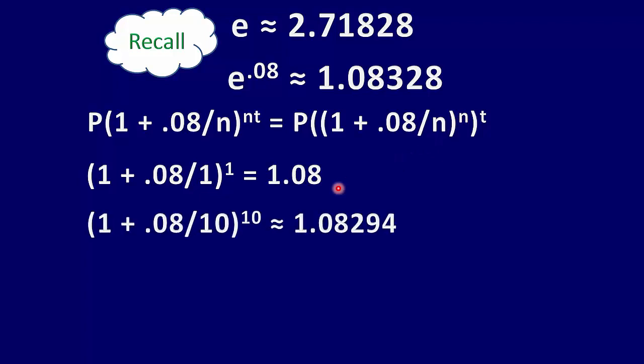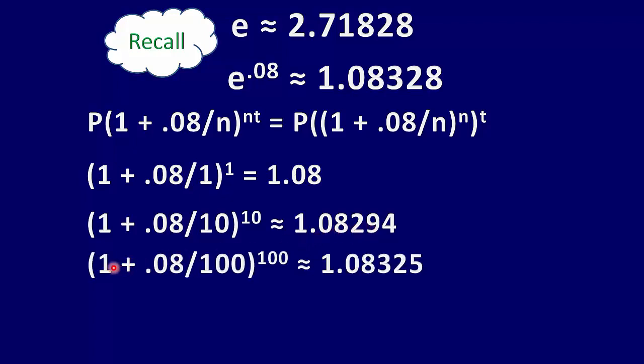Now, let's suppose I compound 10 times a year. Well, notice I just put a 10 here and a 10 here. So I'm just messing with this part inside this big parentheses, the outermost parentheses. I get 1.08294. Now look, this up here is 1.08328. Okay? Notice this seems like it's getting close to that.